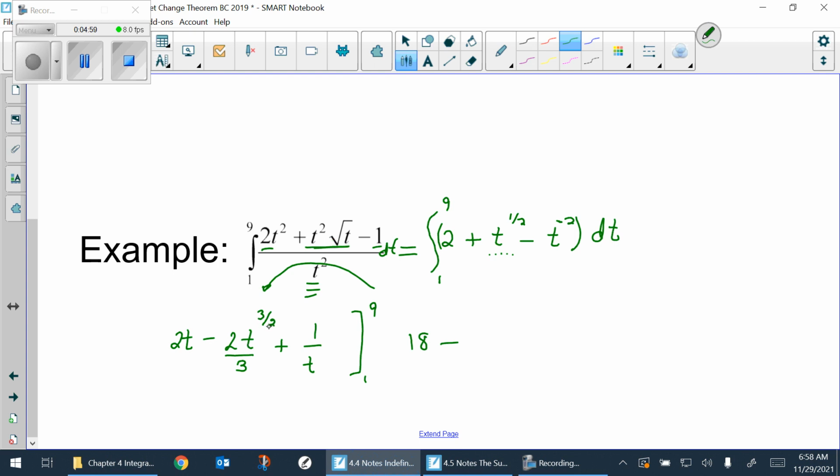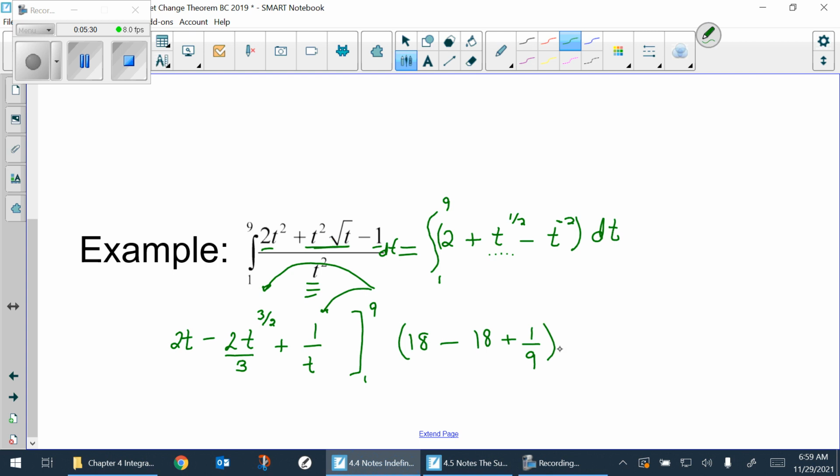So the square root of 9 is 3. 3 cubed is 27. 27 times 2 is 54. And 54 divided by 3 is 18. Plus, when we drop that 9 in here, we get 1/9.